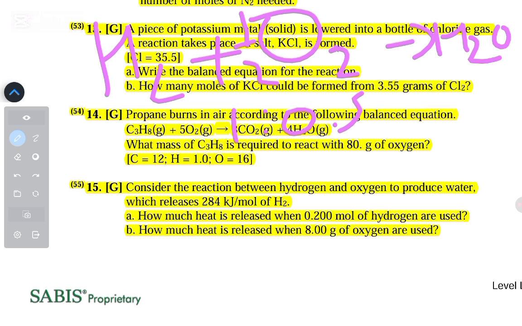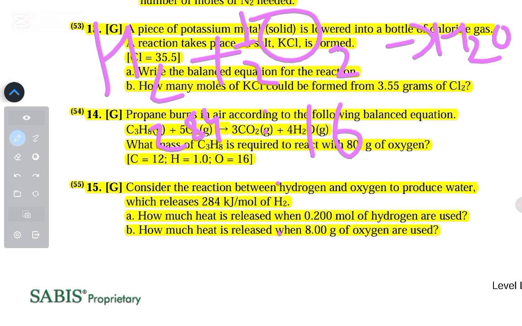O2 is 32, 0.5 is 16. So we can replace this over here by 16, because that is 16 grams. 16 grams gives you, and over here, instead of 1, we can say 284. No need to say 1, because 284 is 1 mole. Every mole gives you 284.